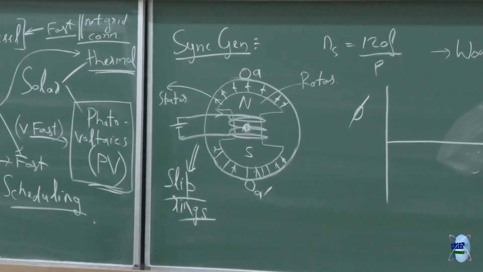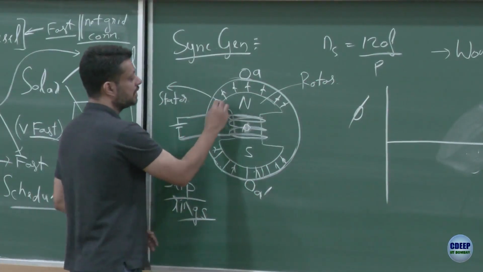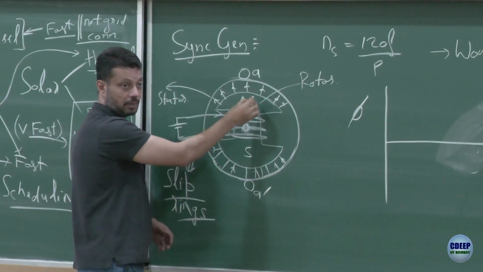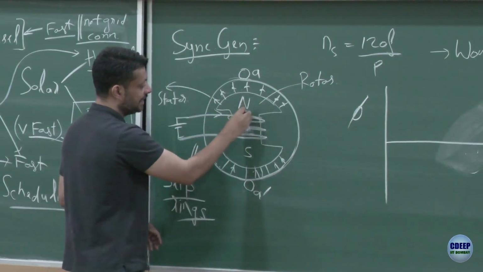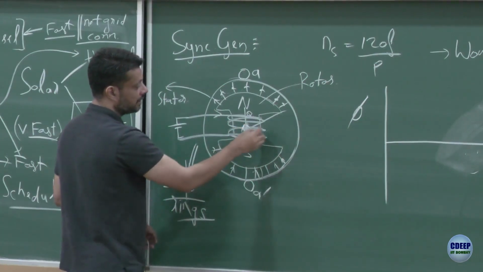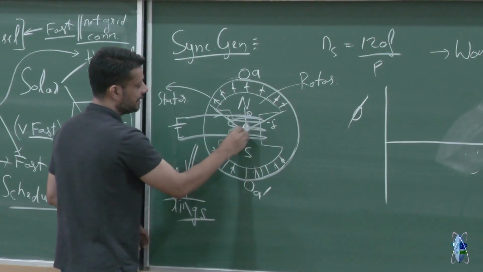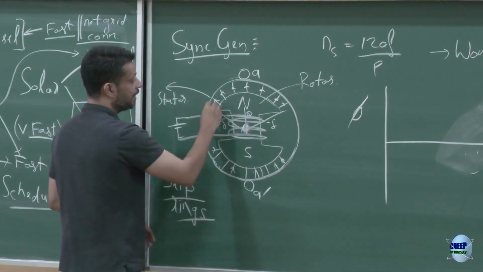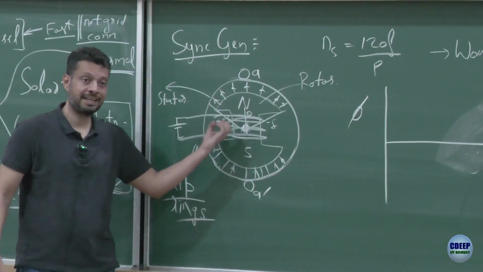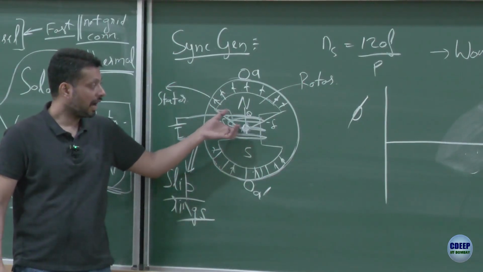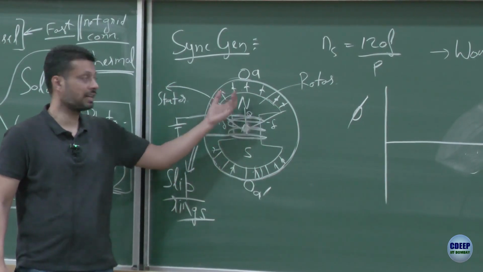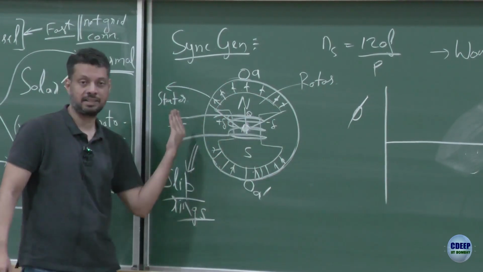Should I repeat? Right? The flux throughout this region is the same, right. So if I define this as theta equals 0, you can see that from minus delta to plus delta, the air gap flux is the same, and therefore if I now rotate it by 1 degree, you will have certain flux linking this turn.